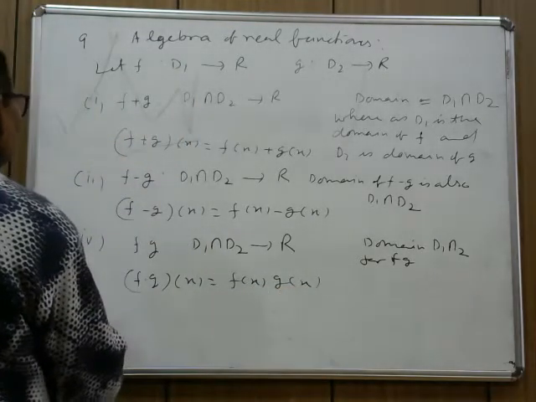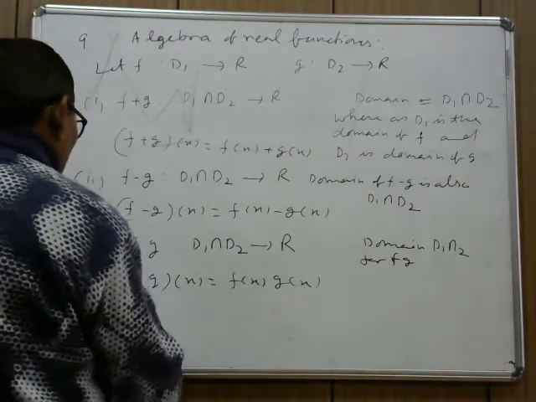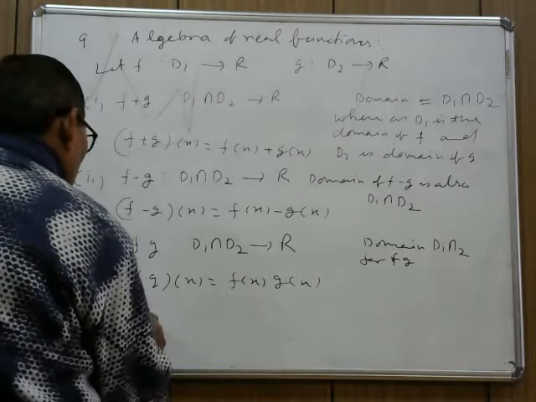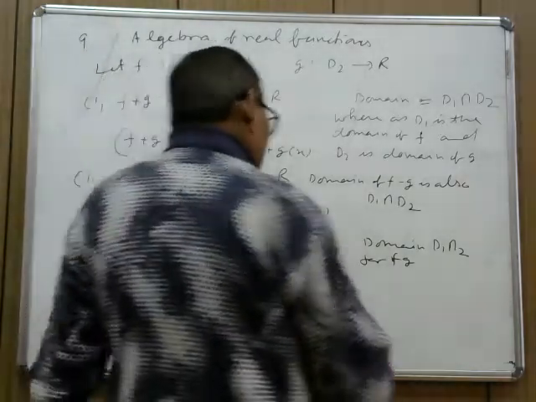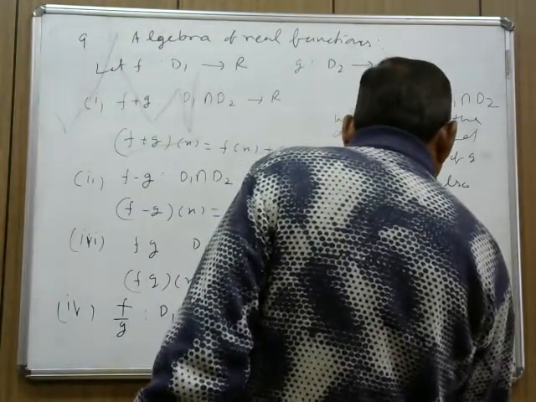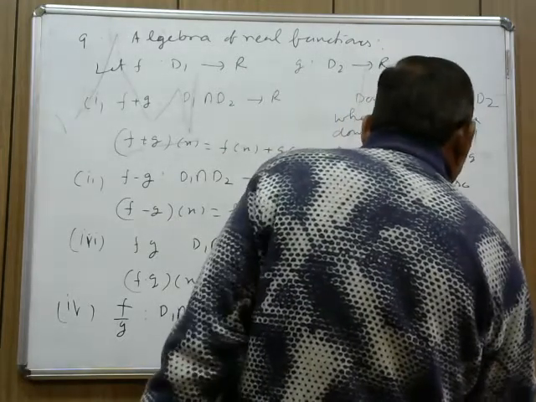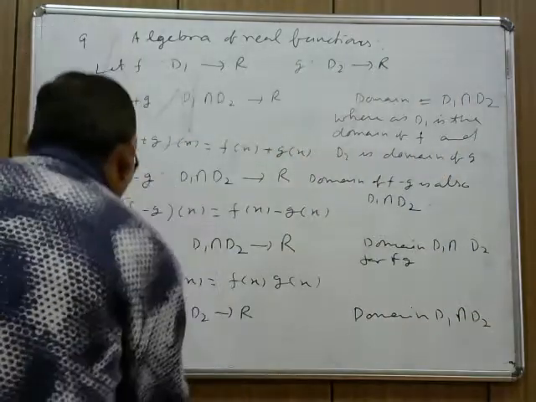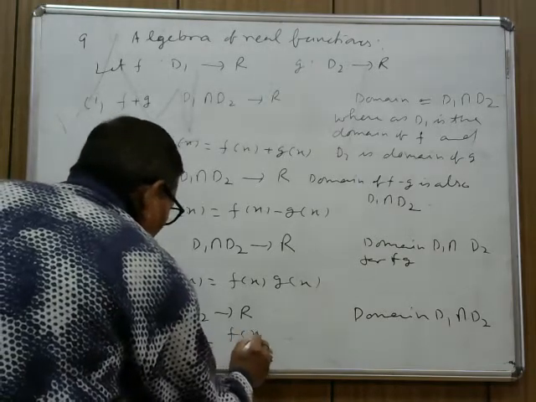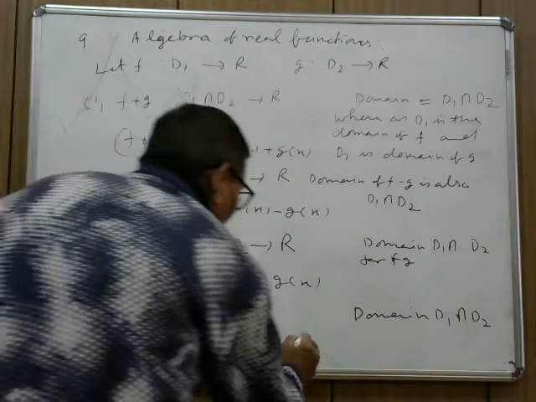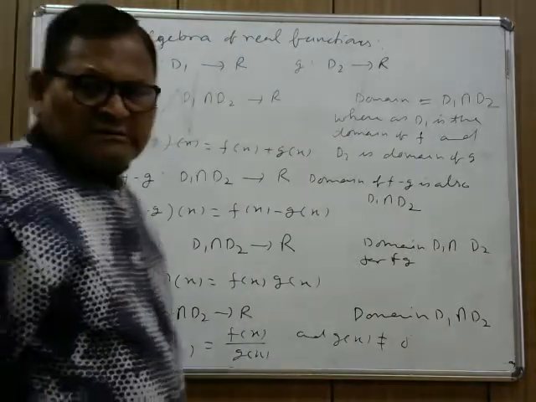Now fourth, division. f upon g is a function from D1 intersection D2 to R, and again the domain is D1 intersection D2, and (f upon g) of x is taken as f(x) divided by g(x), where g(x) is not 0.